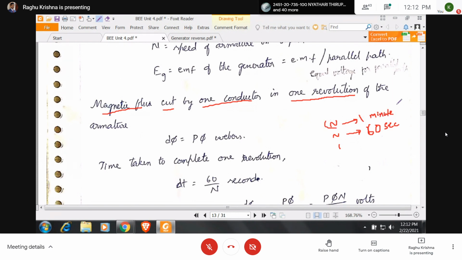This can be written like this: N rotations are completed in 60 seconds. One rotation will be completed in how many seconds? What is the time? So 1 by N into 60, which is equal to 60 by N. So the time taken to complete one revolution is 60 by N seconds.